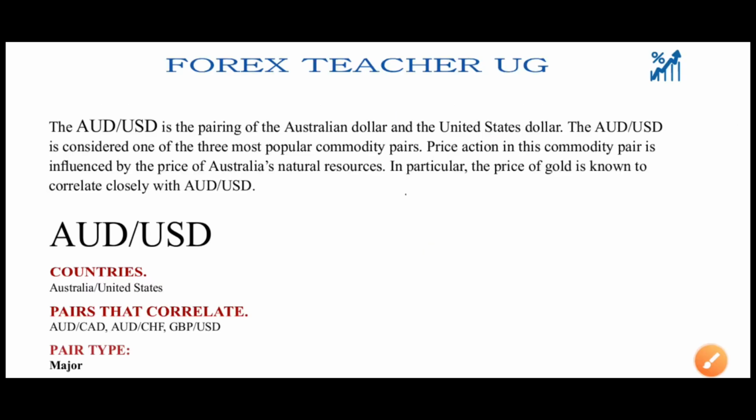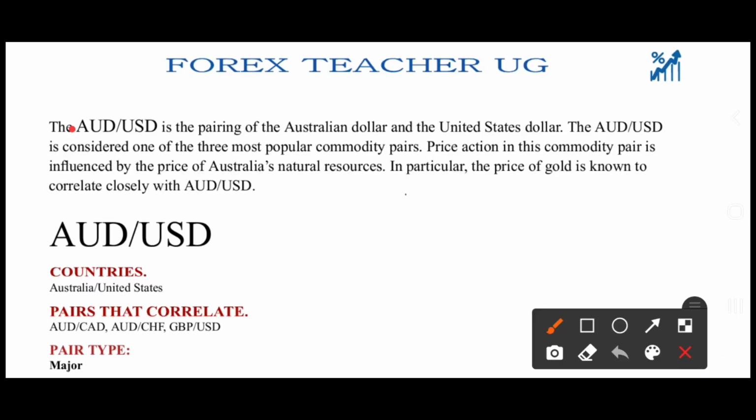Let's talk about the AUD/USD, the pairing of the Australian dollar and United States dollar. The AUD/USD is considered one of the 3 most popular commodity currencies. Price action in this commodity pair is influenced by the price of Australia's natural resources. In particular, the price of gold is known to correlate closely with AUD/USD. The countries are Australia and United States.